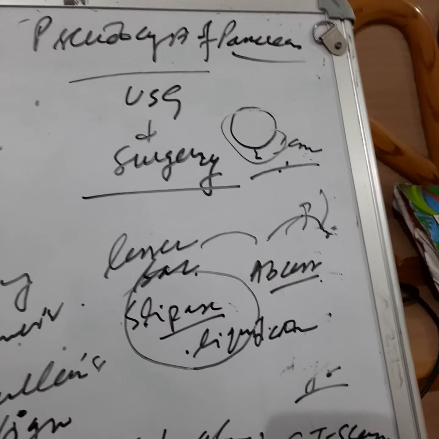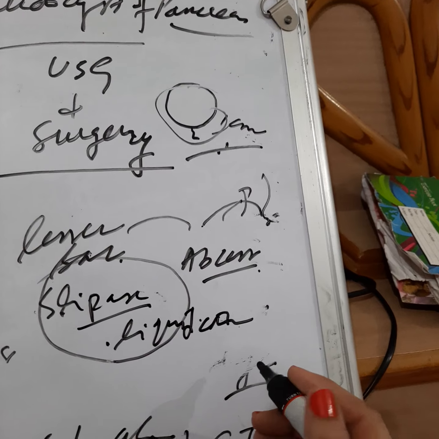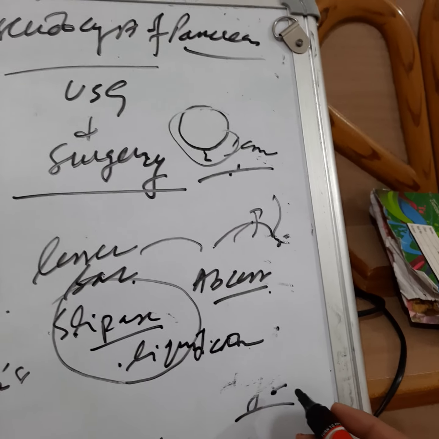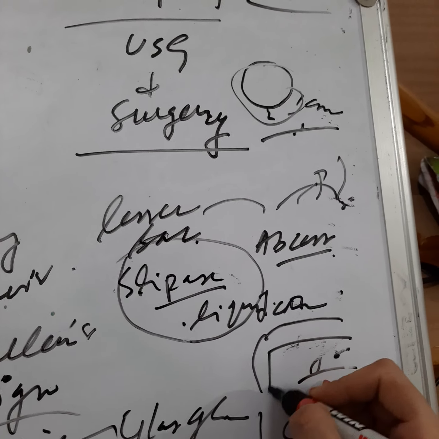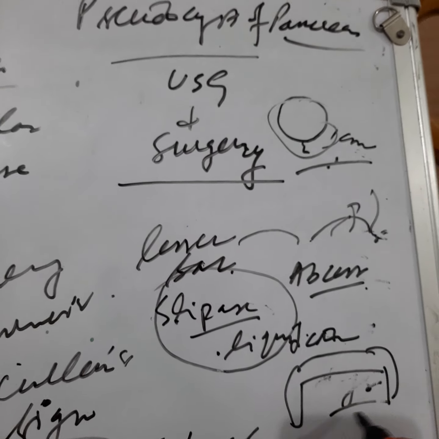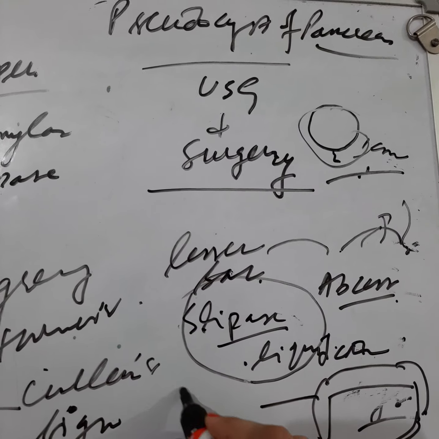So the sign I was talking about earlier is when there is fullness of the transverse colon, the ascending colon or the descending colon. This is called the cut-off sign.